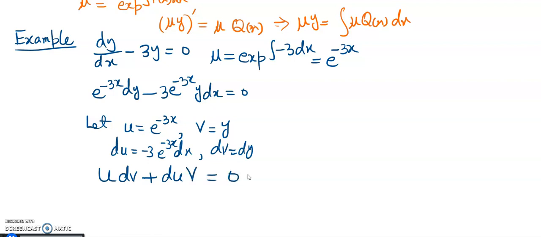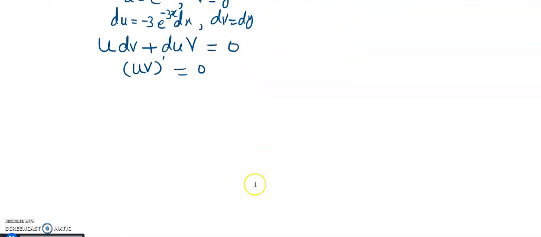So what is this? u dv plus v du is the formula for the product rule for two functions. This means it is actually the differentiation of u times v, so d of uv is equal to 0. If you integrate it, then uv is equal to the integral of 0, which is a constant.